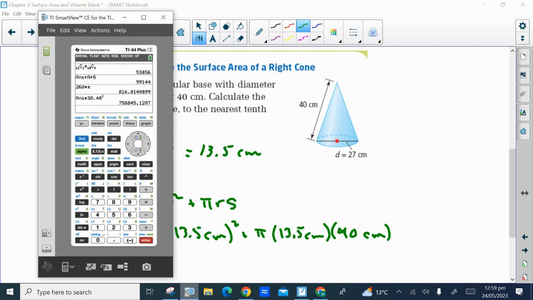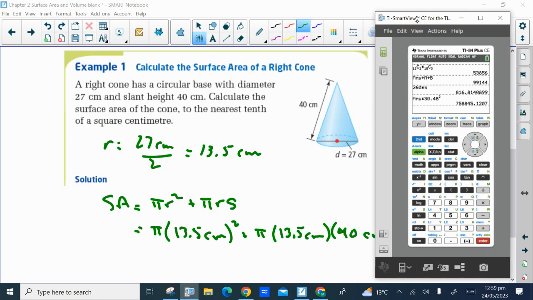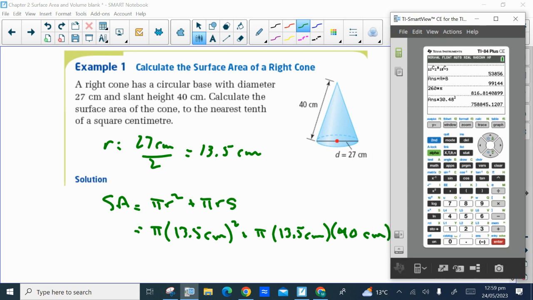Now, most calculators will do order of operations. You can put this entire thing in your calculator all in one step. Pi times 13.5, that needs to be squared, plus, again, pi times 13.5 times the slant height, which is 40.